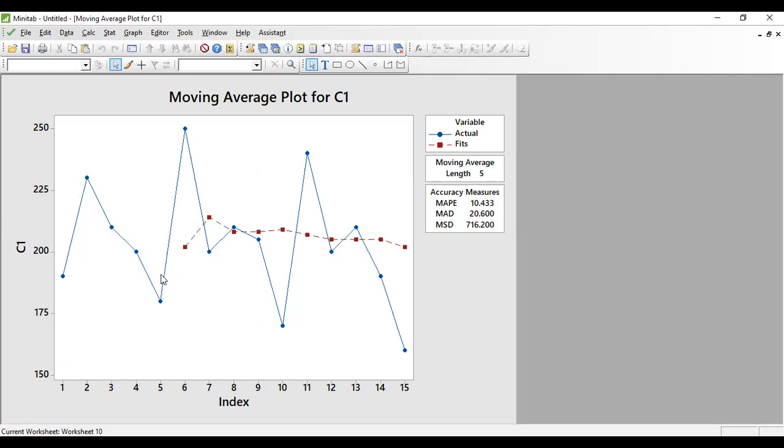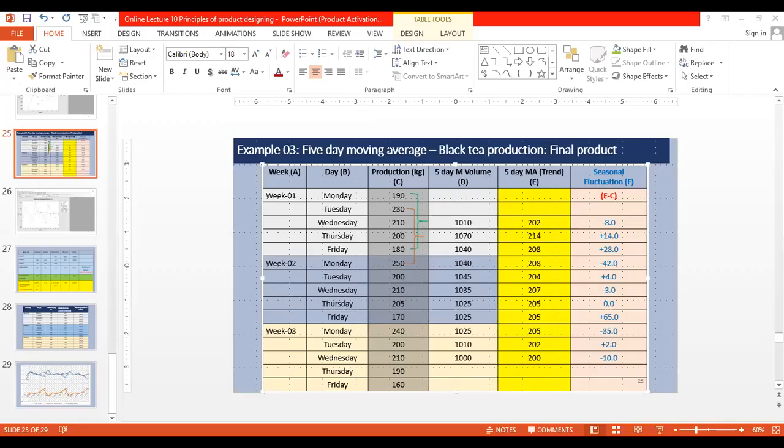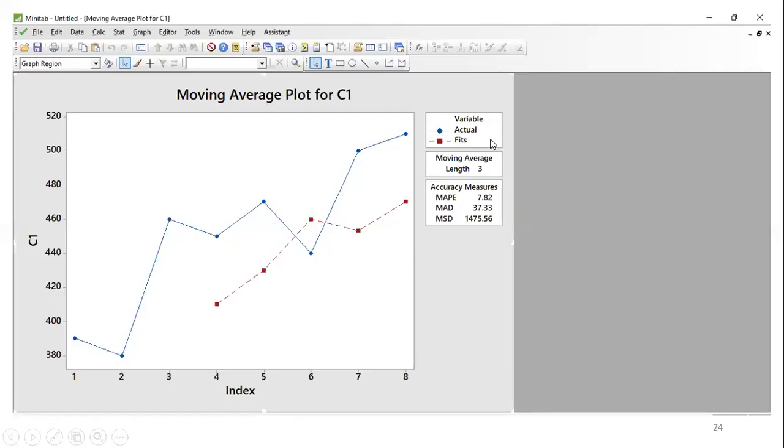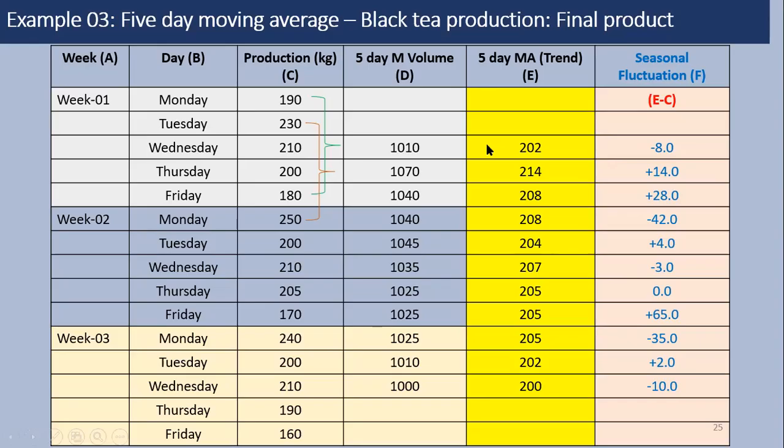In blue color, you can see the actual values, and in brown color, you can see the moving average. First one is 202. This is the one we have calculated manually. You can see the average value 202, right, the first one 202.